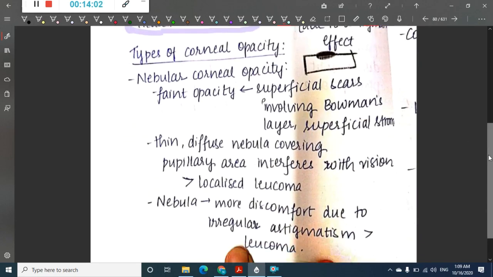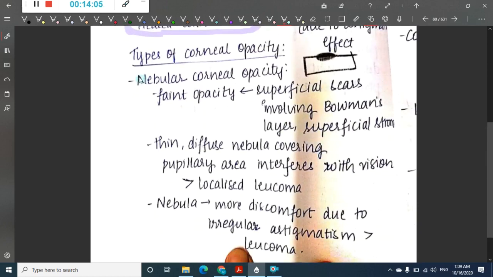Okay, types are very important. First we have nebular corneal opacity. We call it nebula. Here there is faint opacity.